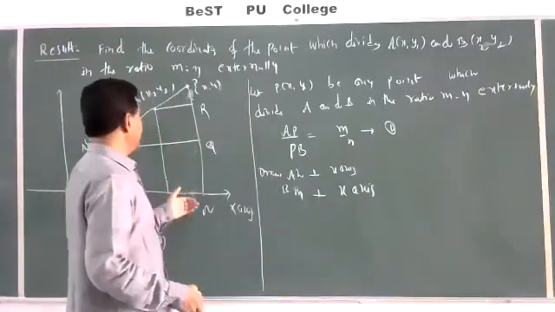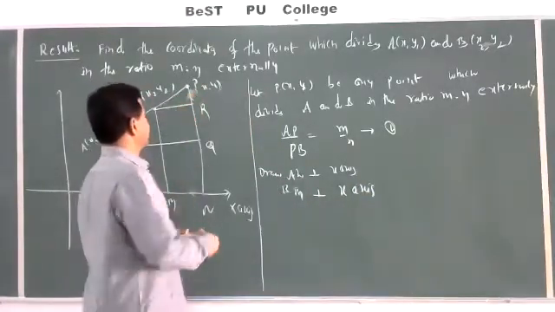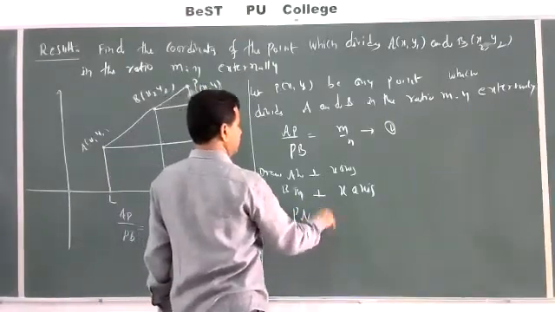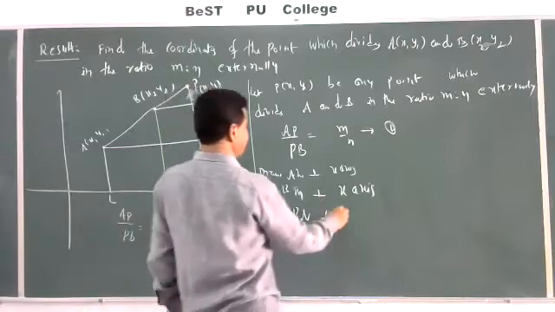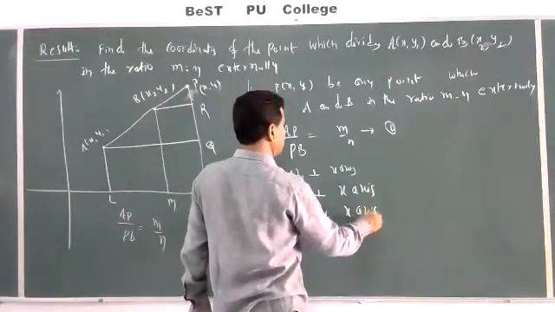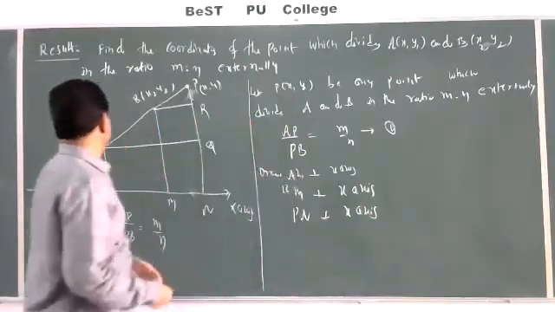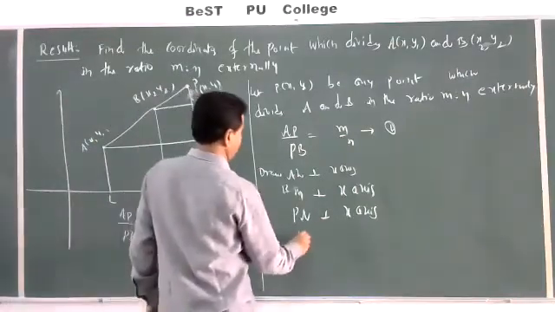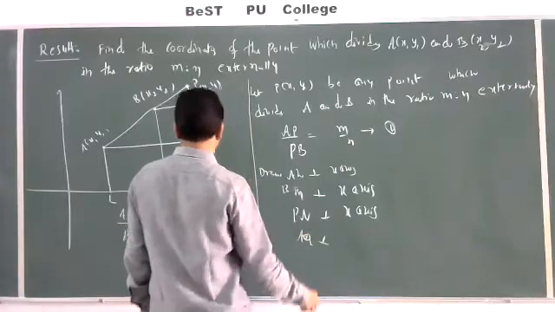Next, PN is perpendicular to the x-axis. Next, AQ is perpendicular to PN.